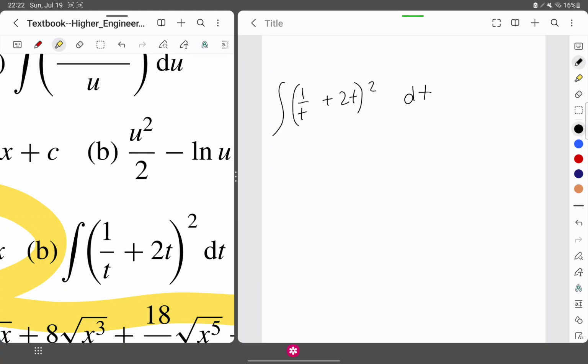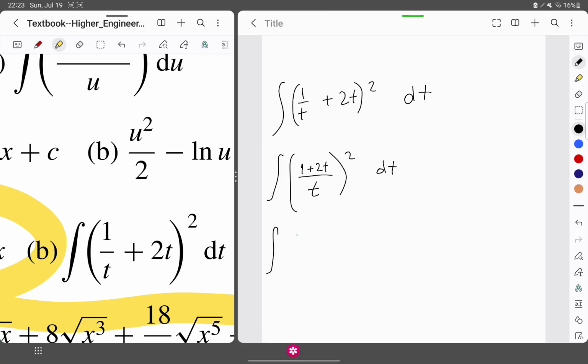It is just a simple question, okay? Just do 1 plus 2t squared dt, okay? 2t squared like this, dt.